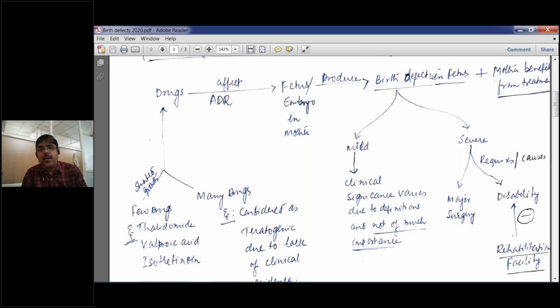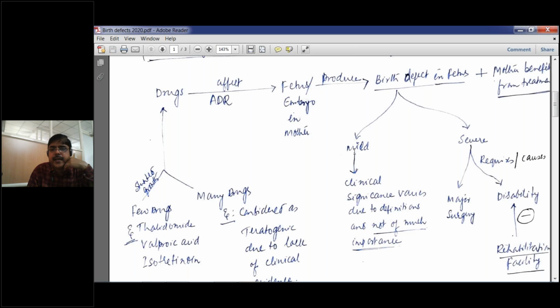Okay. Now, birth defect in fetus is a harmful effect, and mother gets the benefit from the treatment, which is very clear for us. Now, when birth defect happens at the fetus, it can vary from mild to severe or very severe in nature, correct? Which we have already understood.